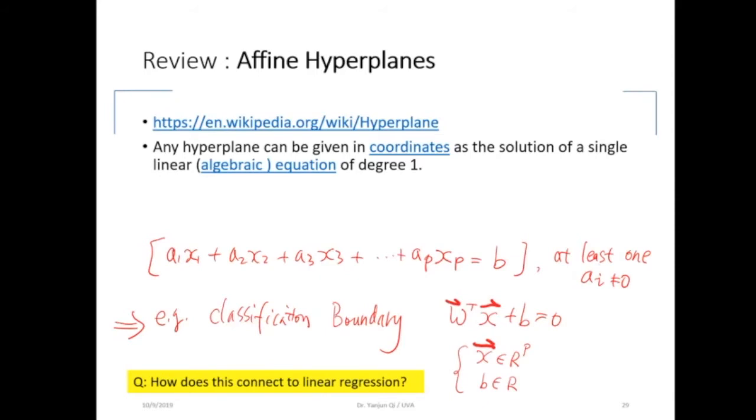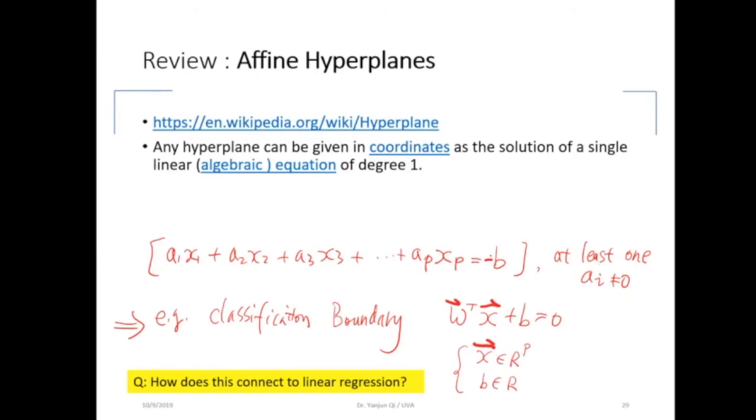If it's a line in a p-dimensional space, called a hyperplane in a p-dimensional space, it will have this formulation. And then we just reformulated by replacing A1 to AP with a vector W, and this B, we just put on the left. Maybe I can write it like this to make it more coherent: this is a constant.